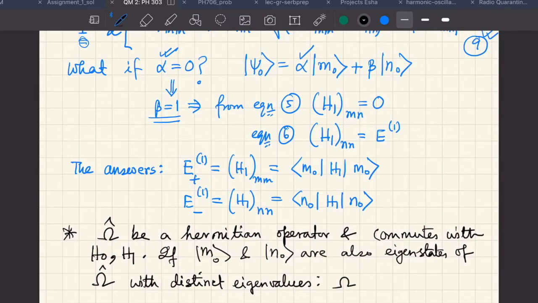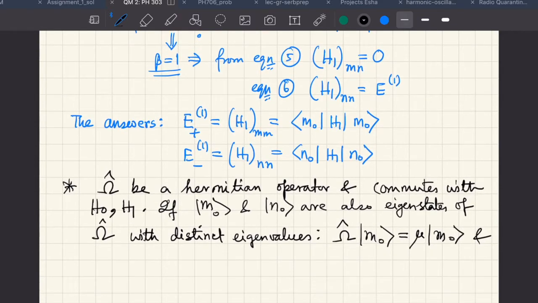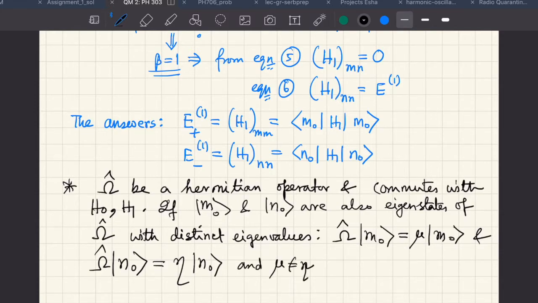That means when omega acts on m naught, suppose it gives us mu m naught, and when omega acts on n naught, it gives us, say, eta n naught. And explicitly mu is not equal to eta.